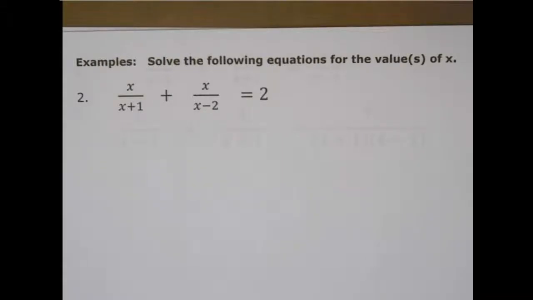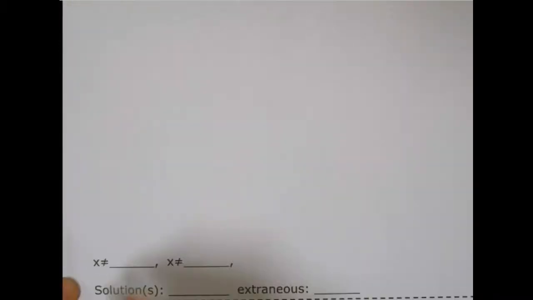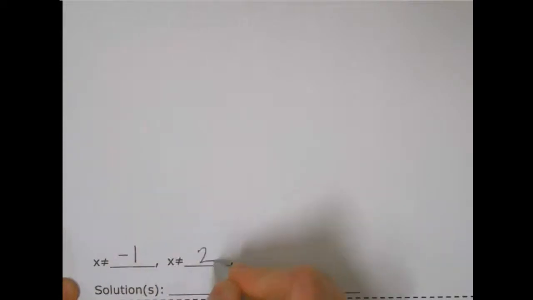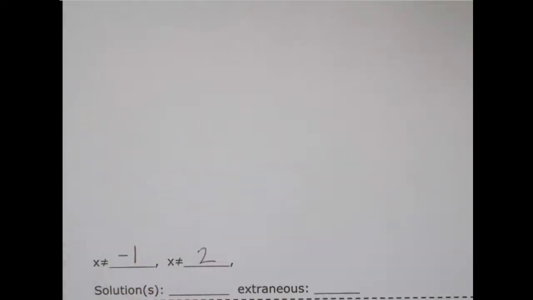First step is to factor the denominator. The next step is to find out what x cannot be equal to, because the denominators cannot be equal to 0.